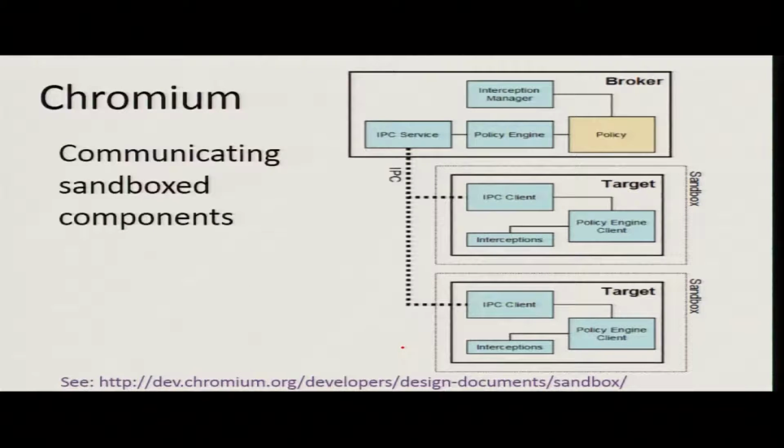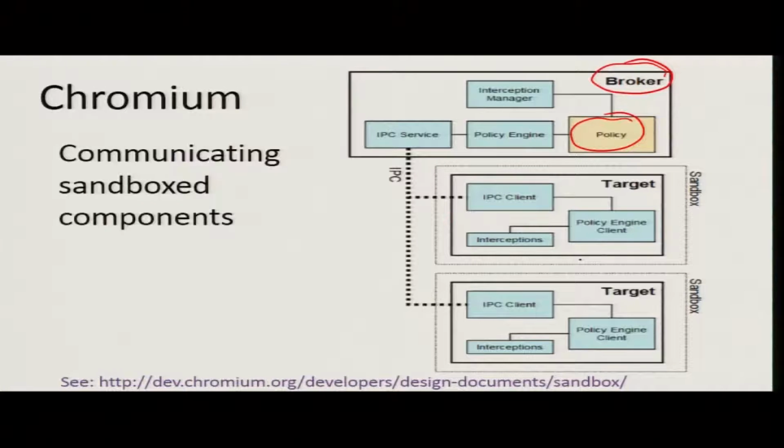So in Chromium, the communication architecture is that there is inter-process communication between the browser kernel and the various frames. The frames, as I said, are sandboxed. So here is a frame which is sandboxed, and here is another frame that is sandboxed, and this is called a broker because it enforces the security policy of the browser.